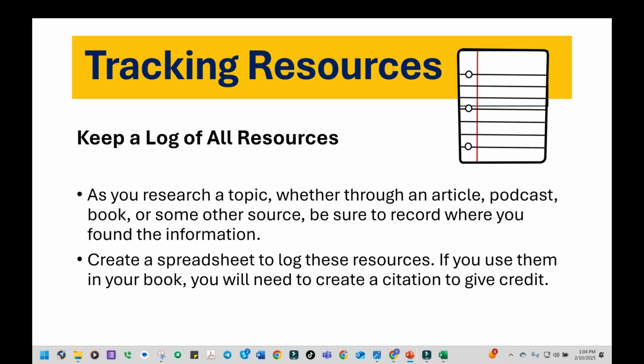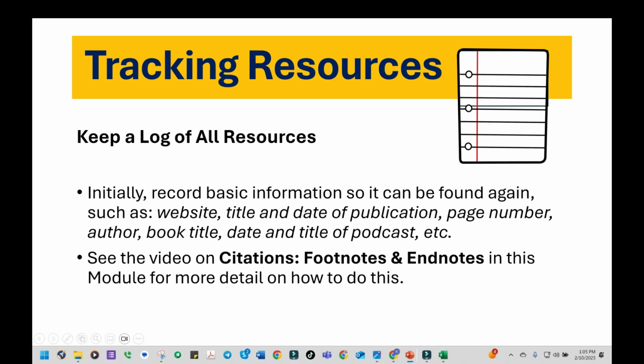The reason you want to do this is because if you use these sources at all in your book, then you're going to need to create a citation, which is nothing more than like a footnote or an endnote, and you'll learn more about that later. So initially, as you are looking at different sources, you can write down some basic information to help you find that information again, such as a website, title and date of a publication.